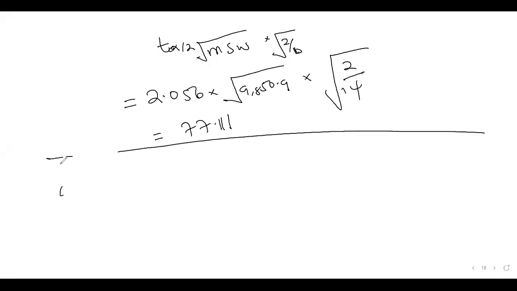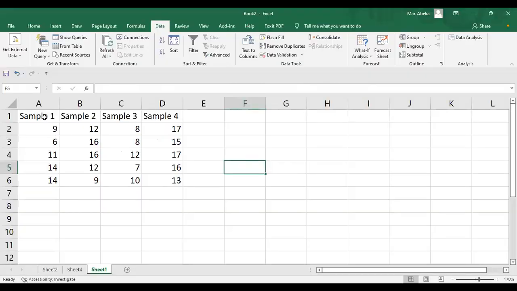So remember, our degree of freedom in this instance will be k minus 1 times b minus 1. In this Excel example we are solving, the number of groups was 4, and the number of blocks is the horizontal.